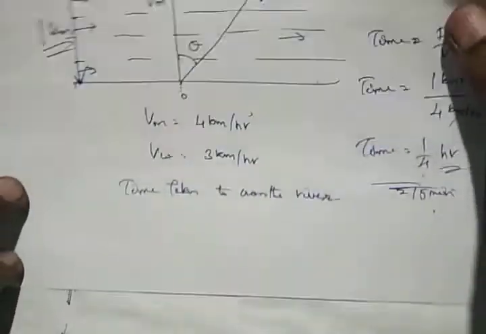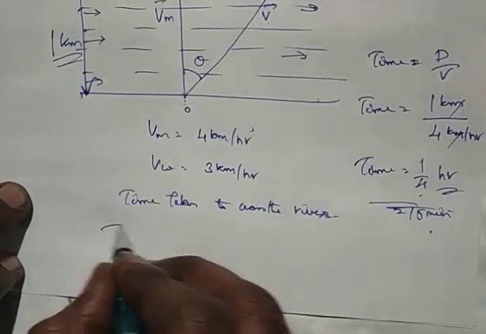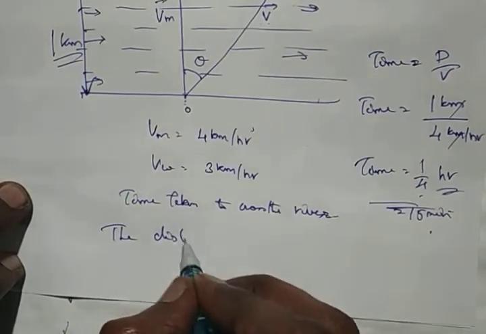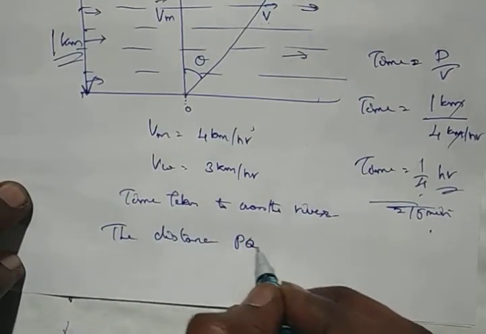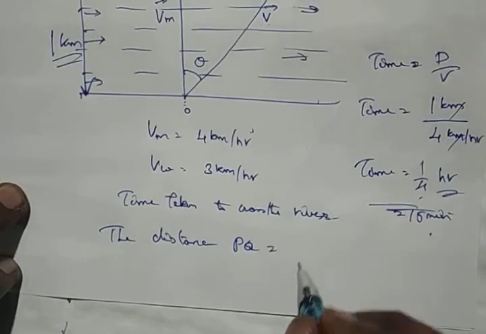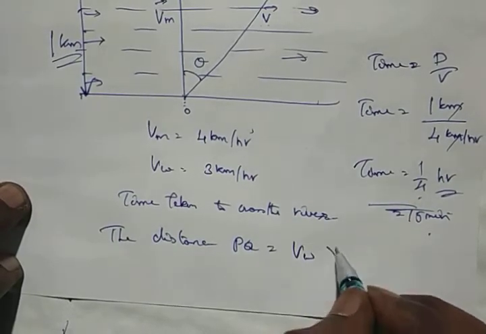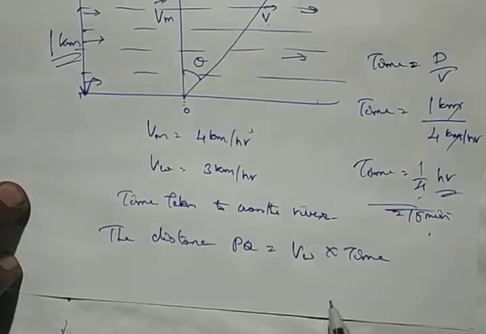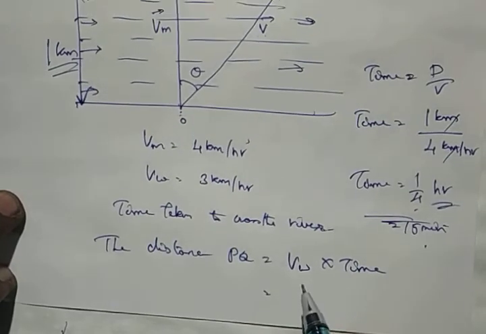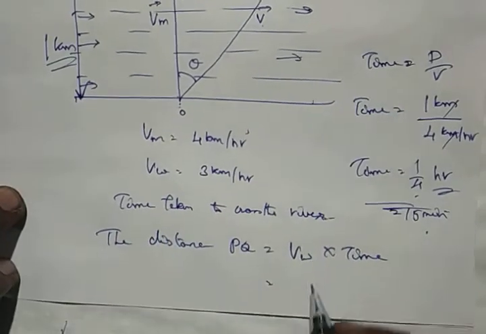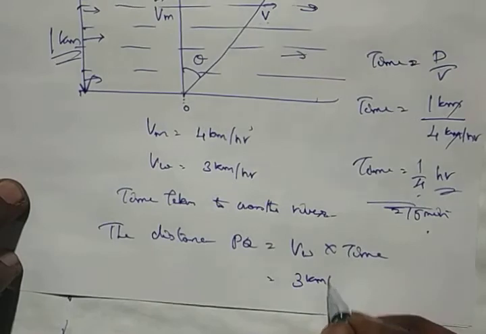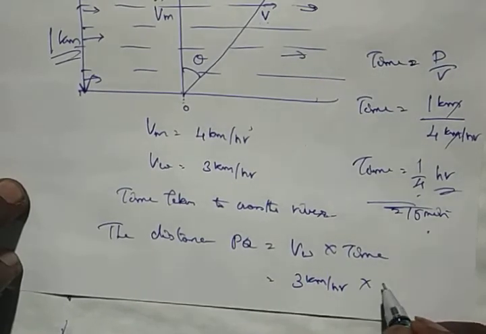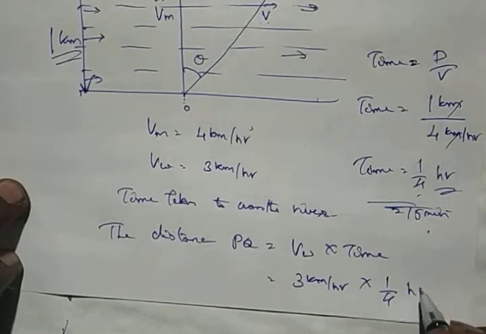So if you want to get PQ here, the distance PQ is equal to velocity of the waters into time. Velocity of the water at this side is going to be equal to 3 kilometers per hour into time is 1 by 4 hour.